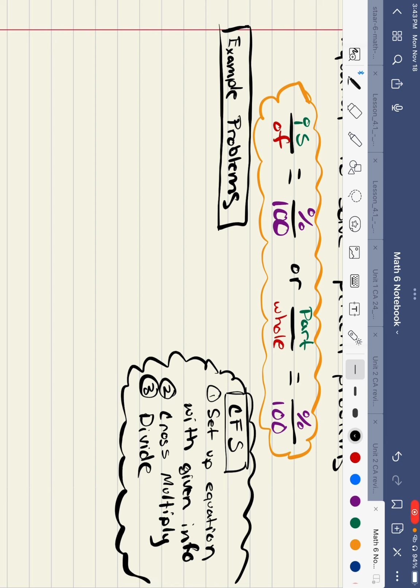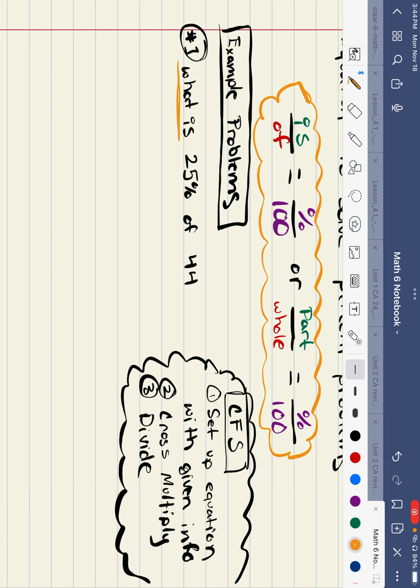All right, so number one, I want to know what is 25% of 44. Okay, so with that, what you're looking at always is, okay, first of all, they said what is. So we have no idea what that part is.